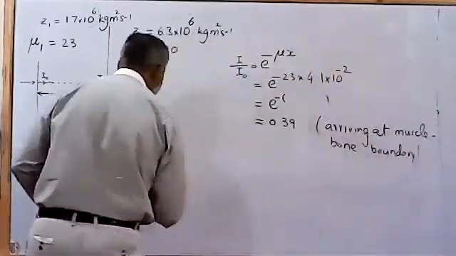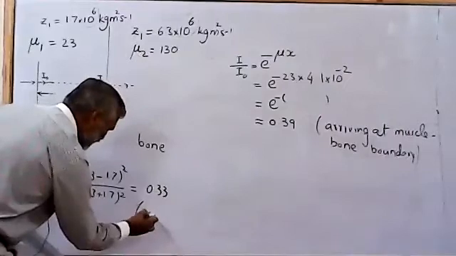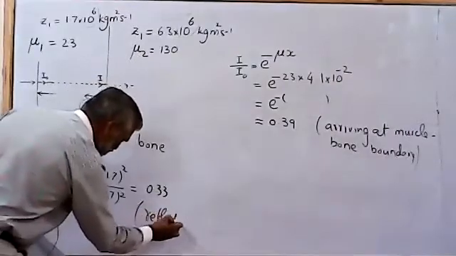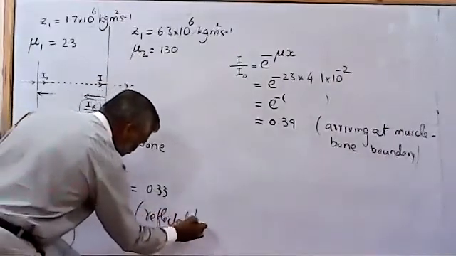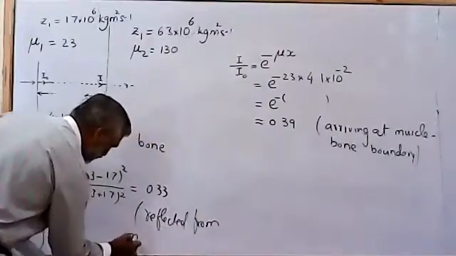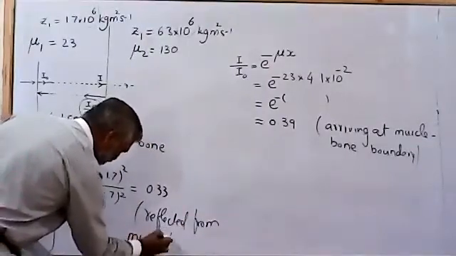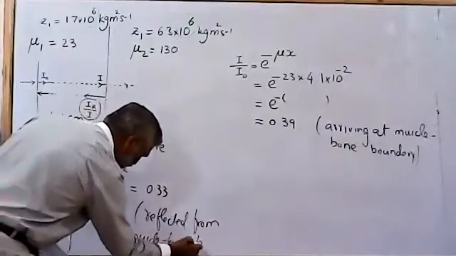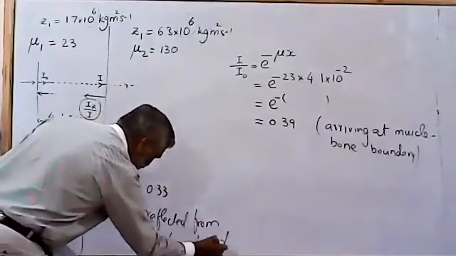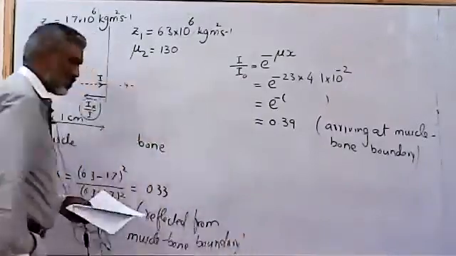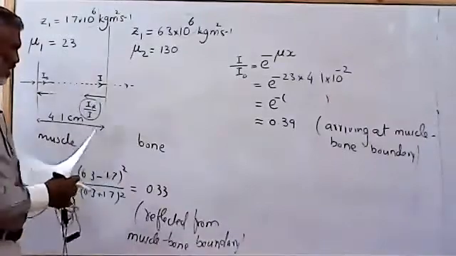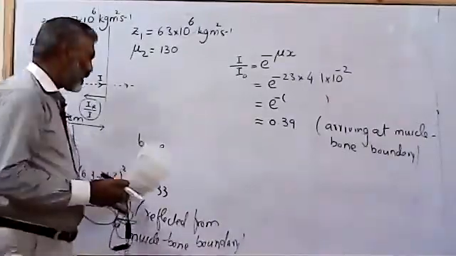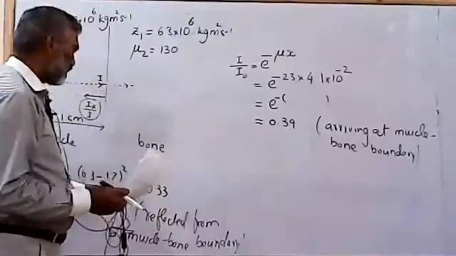This is reflected from muscle bone boundary. So there are two quantities we have already calculated.